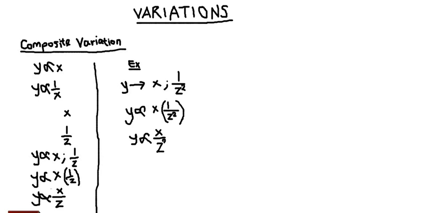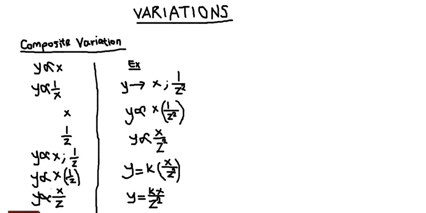So this will be our notation, and we can introduce our constant of variation so that we generate an equation in k, which means we're going to say y is equal to k times x over z squared, which we can rewrite as y is equal to kx over z squared. So this is an example of composite variation or combined variation.